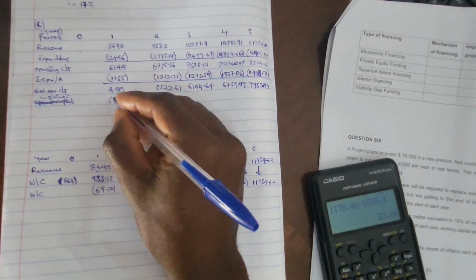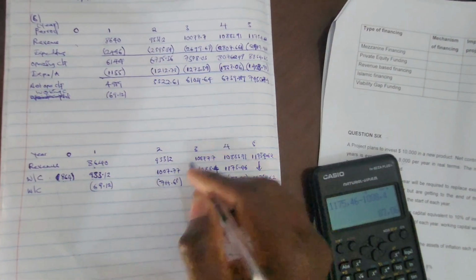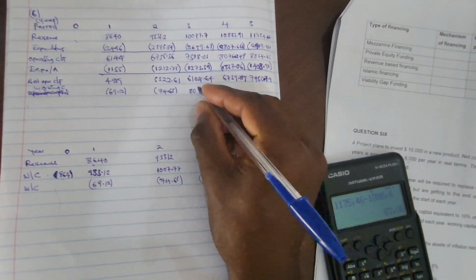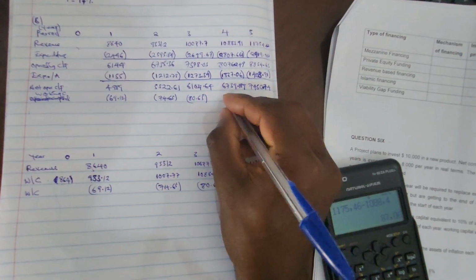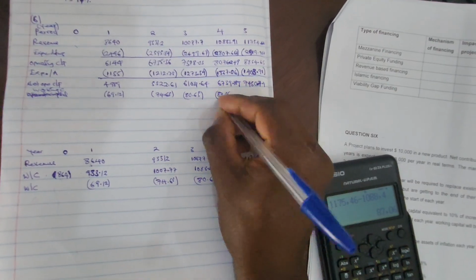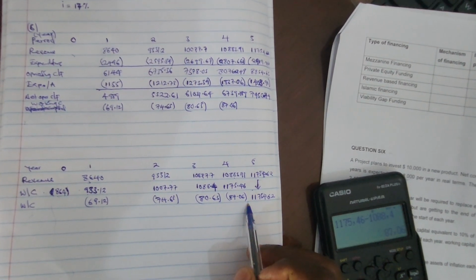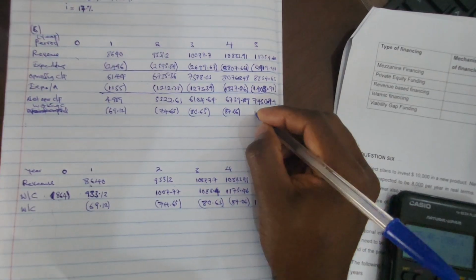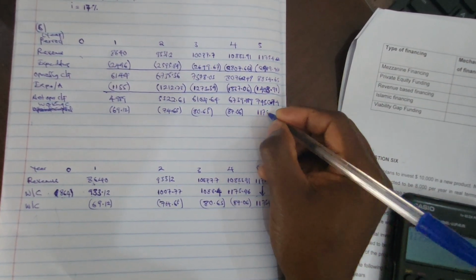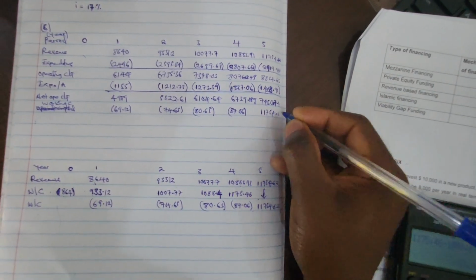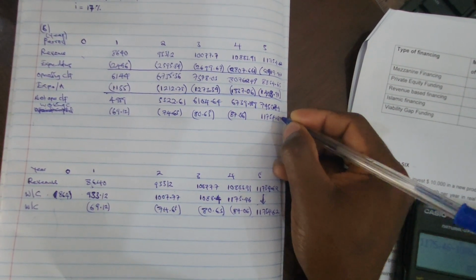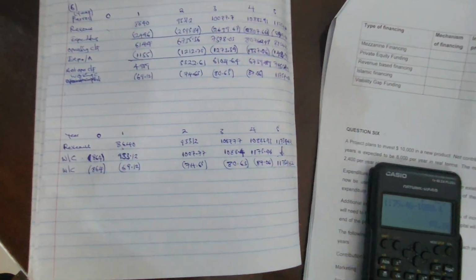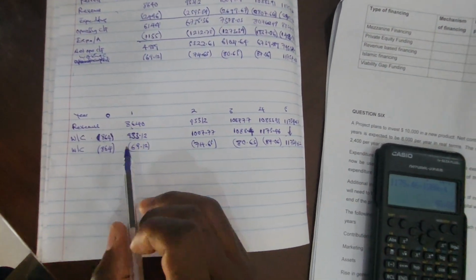So just bring it down there and plug it in. 69.12, 74.65, 80.63, 87.06, and in our fifth year, you just bring the value as it is, right? So 1175.46.